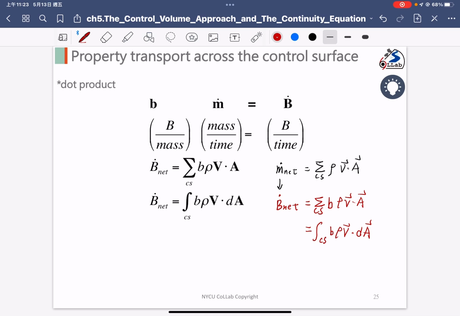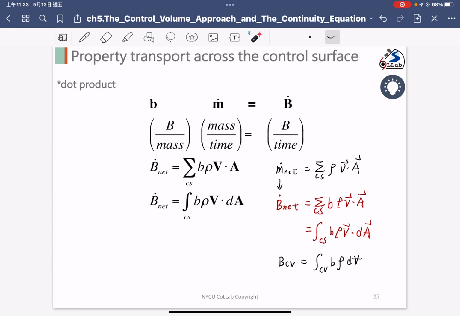Okay, so what is the difference? In the previous slide we also introduced the BCV. The BCV is equal to, we just integrate along the control volume, right? We only discuss B, and we have the density multiplied by the dV volume. So for the extensive property inside the control volume, there is no dot product.